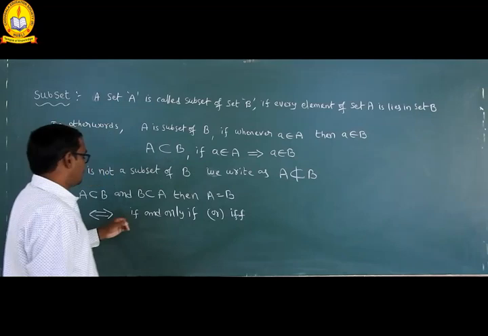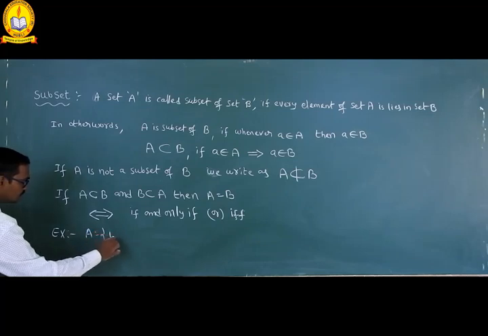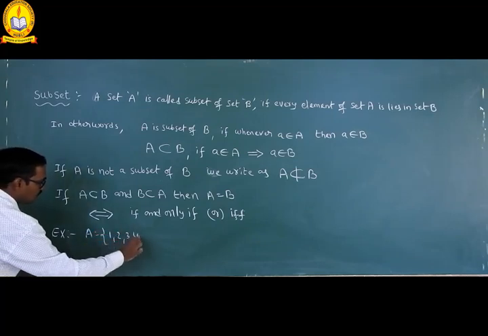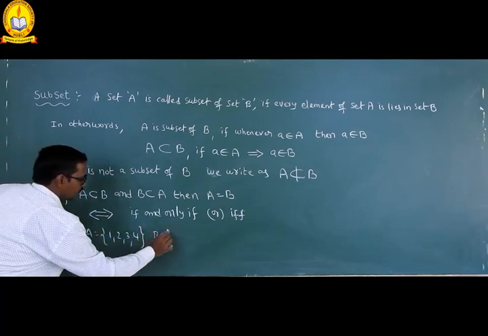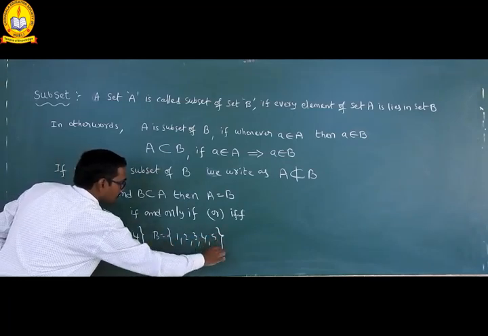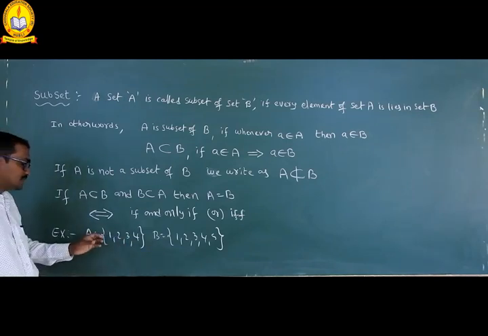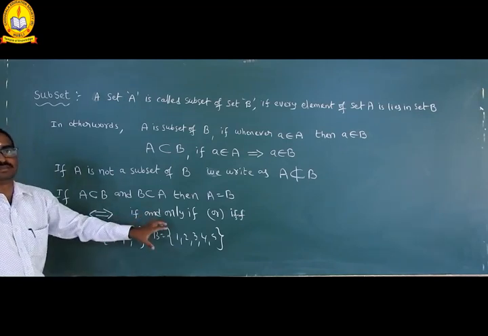Okay, and I will explain some examples. Set A is equal to {1, 2, 3, 4}. Set B is equal to {1, 2, 3, 4, 5}. Set A has 4 elements, set B has 5 elements. Is every element of set A in set B?